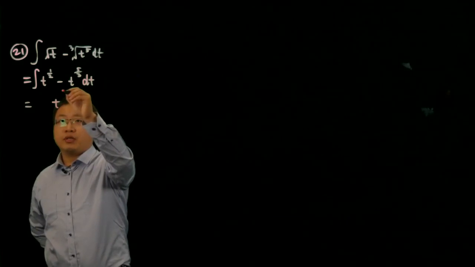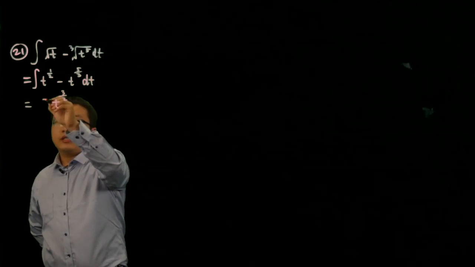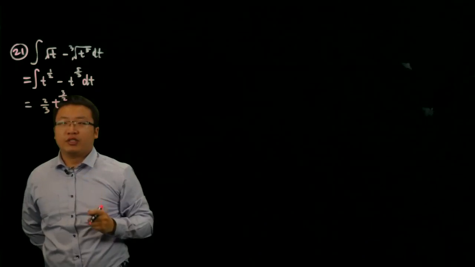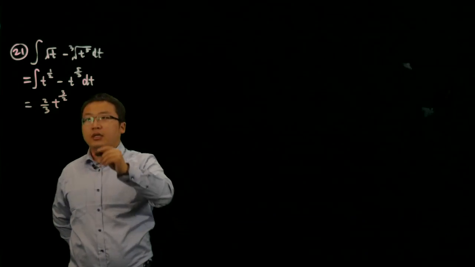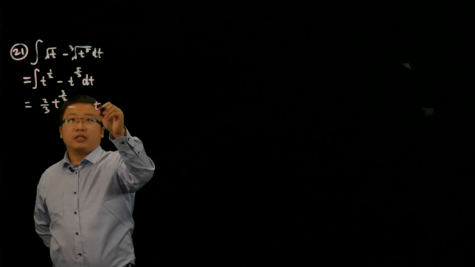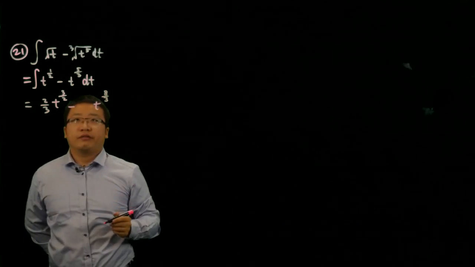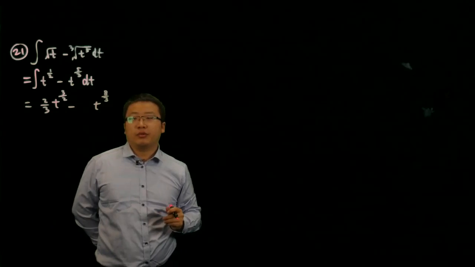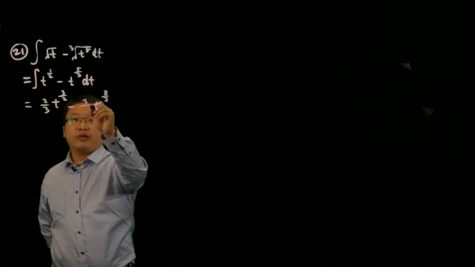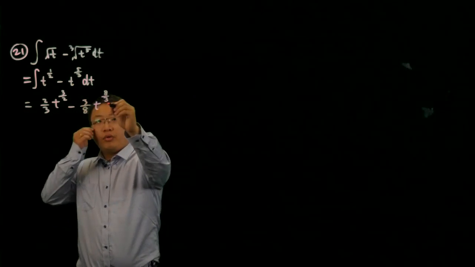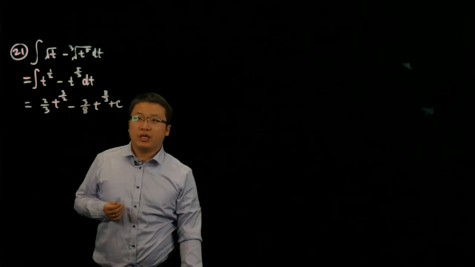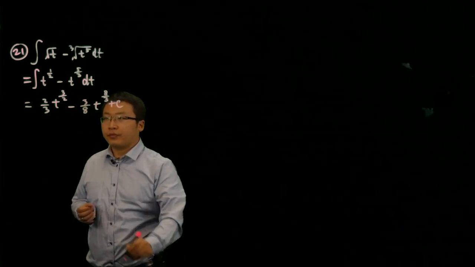So this becomes 3 over 2, the reciprocal, t to the 3 over 2, minus t to the 8 over 3, because 5 over 3 plus 1 is 8 over 3. Then you have 3 over 8, plus c, because it's an indefinite integral.